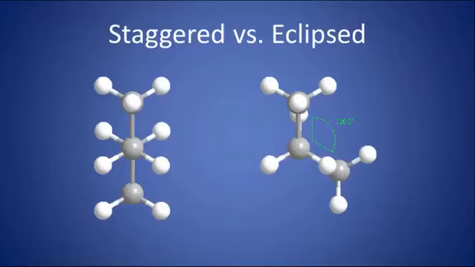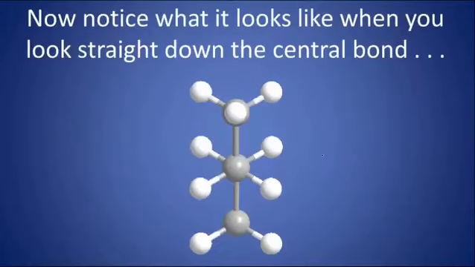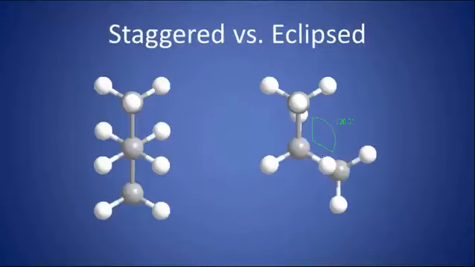Okay? We have 2 different main conformations we can make. We call them the staggered conformation and the eclipsed conformation. In the staggered conformation, there are no 2 things right on top of each other from your point of view. In the eclipsed conformation, each atom on the front carbon lines up with an atom from the back carbon. So with the model in your hand, show yourself a staggered conformation and an eclipsed conformation.